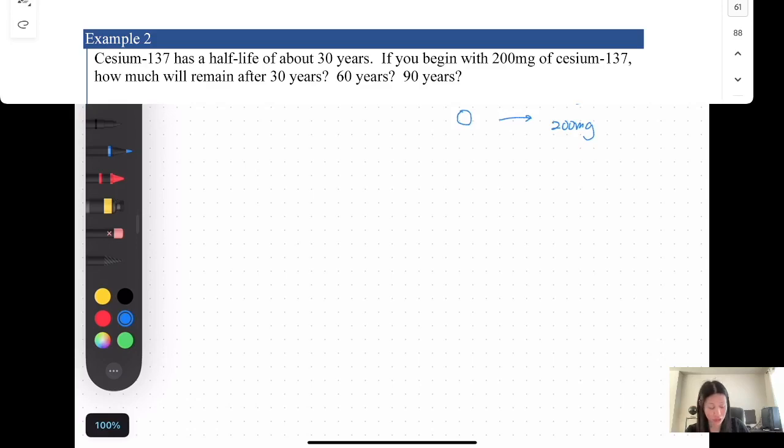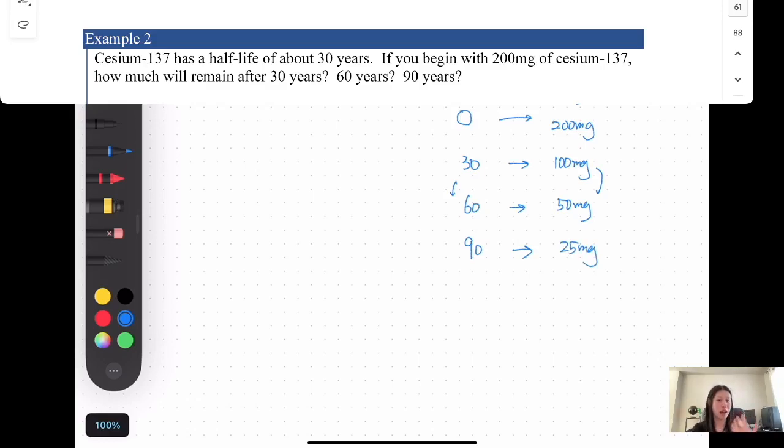After 13 years, its half-life, the mass should have decayed to 100 milligrams. After another 13 years, you decay half of what you have, which leaves 50 milligrams. Then after another 13 years, you will have 25 milligrams.